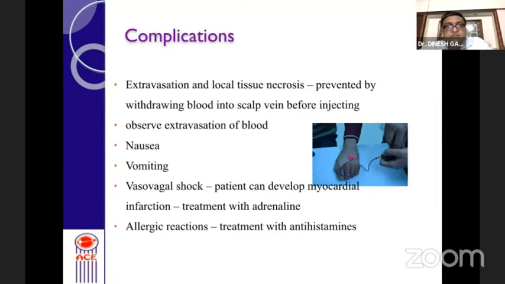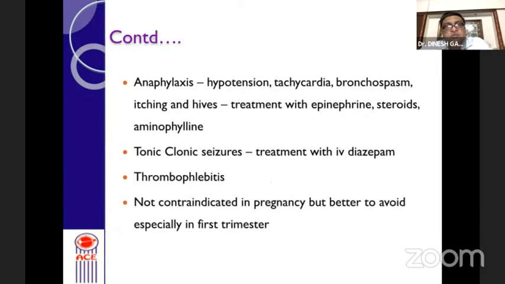So there can be extravasation of this dye into the local tissues. So one has to be careful while injecting the dye, and there can be nausea, vomiting, or vasovagal shock immediately on injecting the bolus. There can be allergic reactions, so you need antihistaminics.